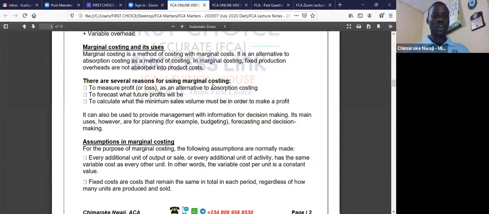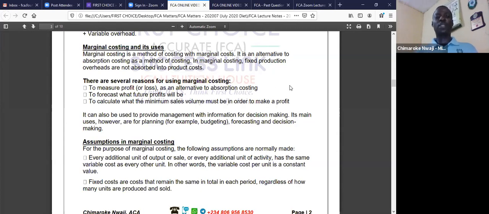So the fixed cost does not get absorbed into the product. And so your selling price will not include fixed cost. Fixed cost will not be used in determining the selling price. Now, there are several reasons why we use marginal costing.